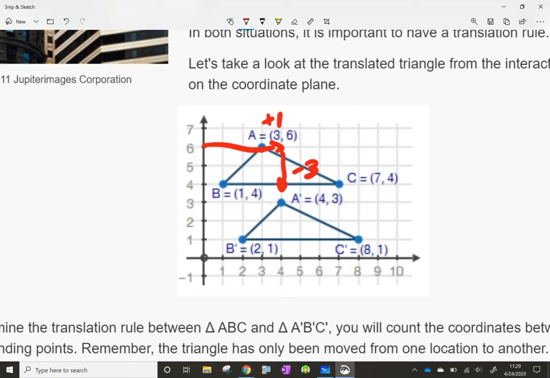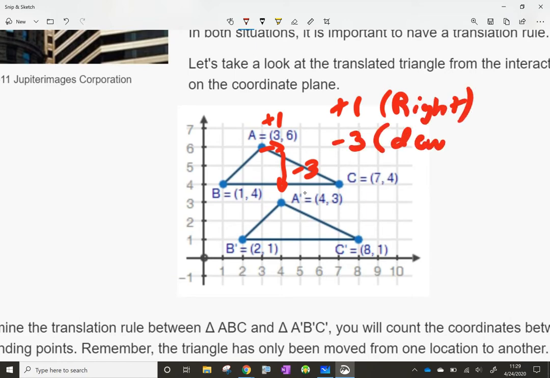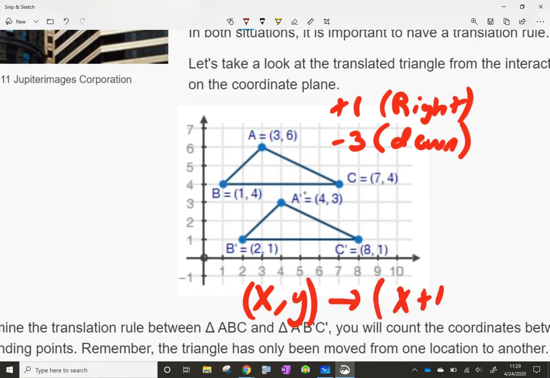So we have +1 in terms of moving to the right. And then we have -3 in terms of moving down. And so those are the two translations to get this shape moved. So how you would write this out is you would say, as a rule, you would write (x, y) translated to (x + 1, y - 3).